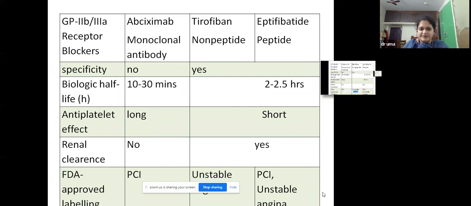Their half-life is about 2.5 hours, but the antiplatelet effect is short. Tirofiban and eptifibatide are cleared renally. FDA approved labeling is for percutaneous coronary intervention and unstable angina.